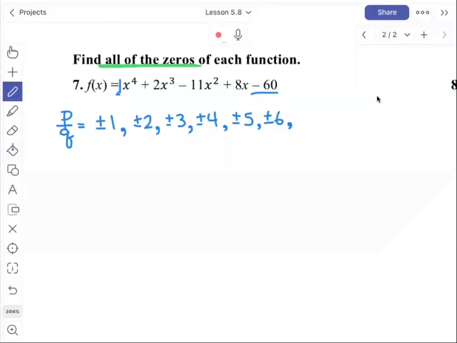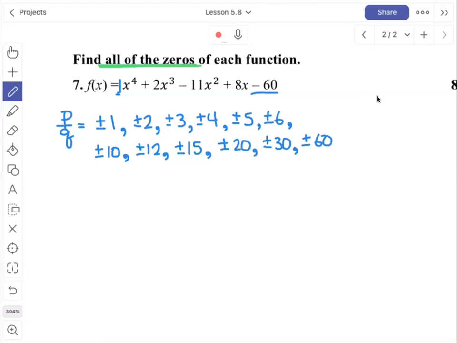Not 7, not 8, not 9. Okay, then 10 comes from the 6. 60 divided by 5 gets me 12. 60 divided by 4 gets me 15. 60 divided by 3 gets me 20. 60 divided by 2 gets me 30. 60 divided by 1 gets me 60. Okay, I wish I had a trick. I really do.